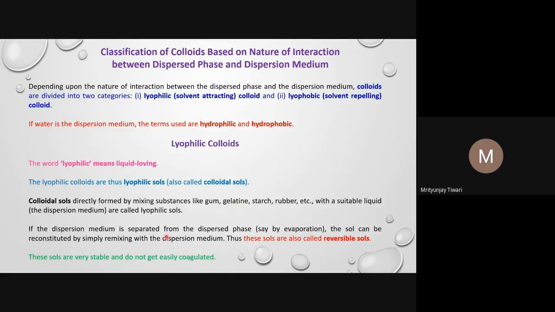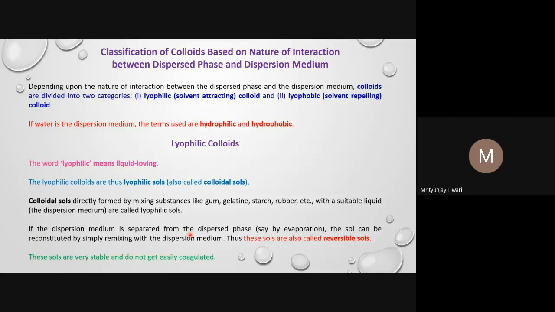If the dispersion medium is separated from this colloidal system, they form lyophilic sols, since gum, gelatin, starch and rubber have a strong interaction with water because of hydrogen bonding. If the dispersion medium is separated from the dispersed phase, maybe by evaporation, the sols can be reconstituted by simply remixing with the dispersion medium.